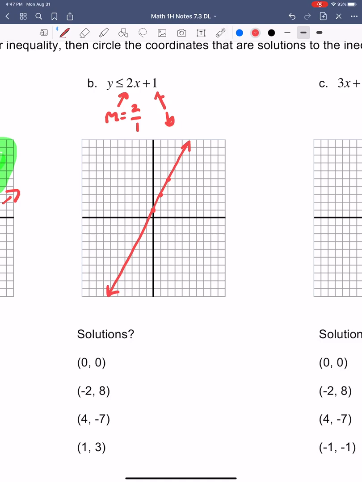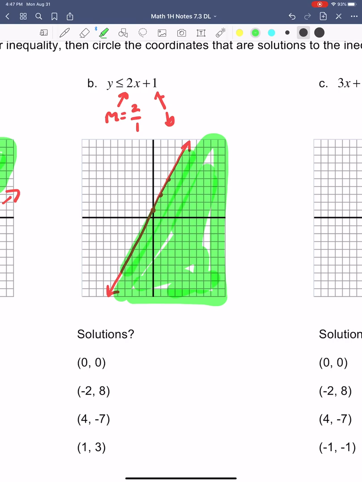And now we have to decide what's the shading going to be for this line. So this is y is less than, right? So we want numbers that are less than this. Okay, so I'm going to go ahead and shade everything that's below this line. Let's try that again. So everything in here. Okay.